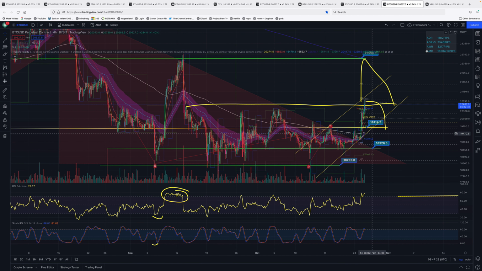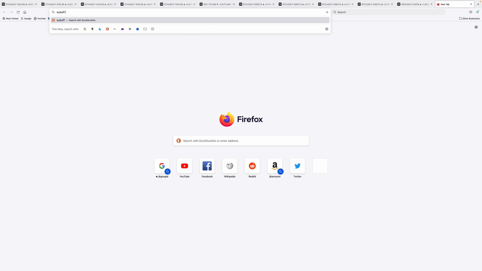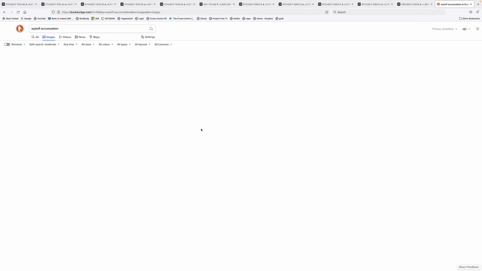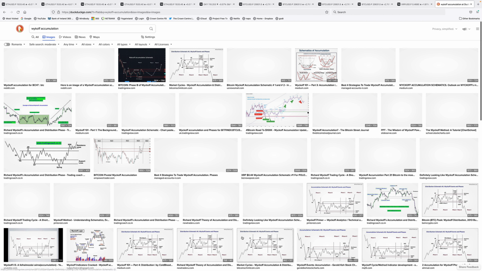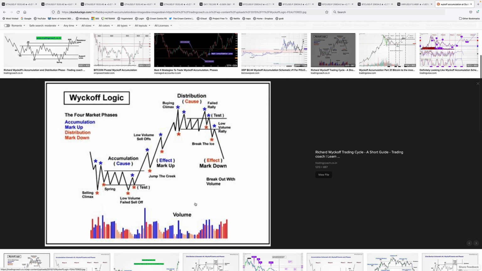And if we're looking at Wyckoff accumulations, because this right here, I believe, is a Wyckoff accumulation, they always turn into a channel out of that. Where is it? Perfect. So this zigzag here is what I expect Bitcoin to do.